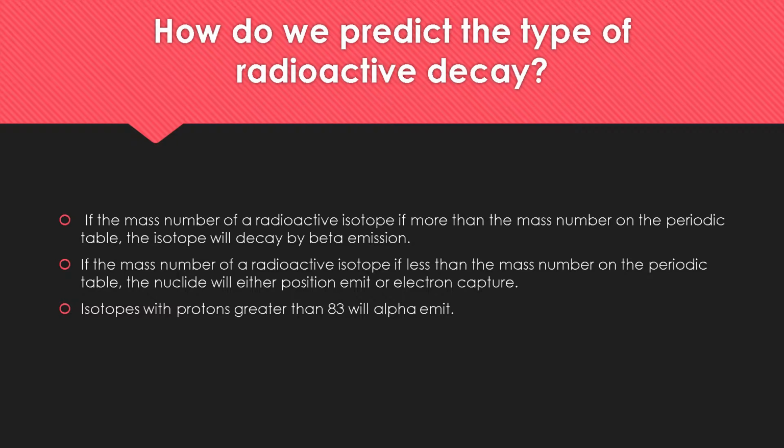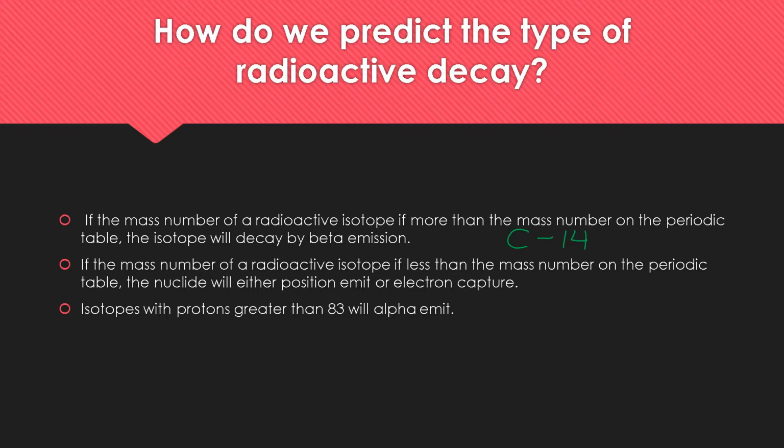So first, if we know that our isotope is radioactive, we're going to say if the mass number of the radioactive isotope is more than the mass number on the periodic table, then the isotope will decay by beta emission. So for example, if we have carbon-14, we're going to go over to the periodic table and see that the average atomic mass listed there is 12.01.